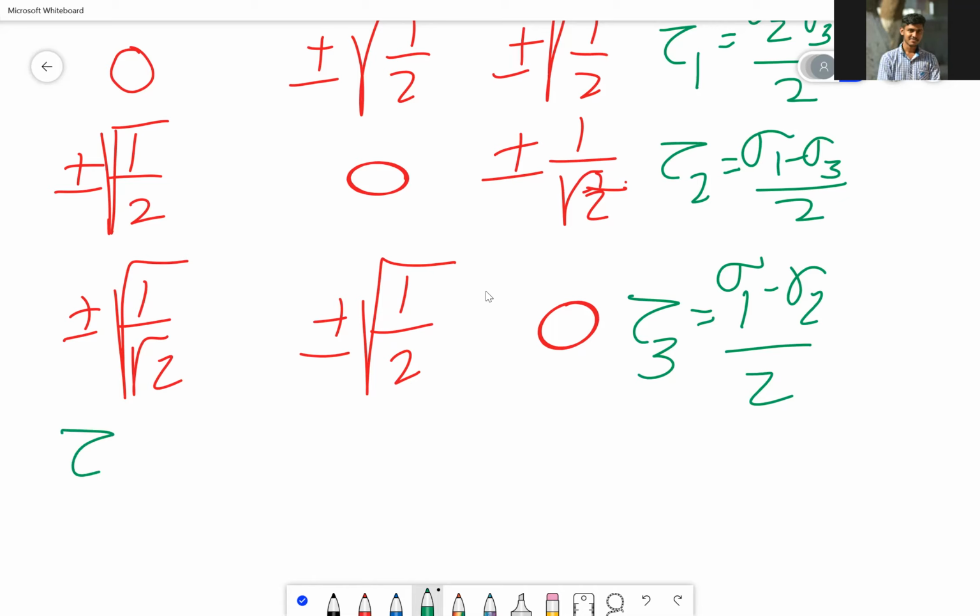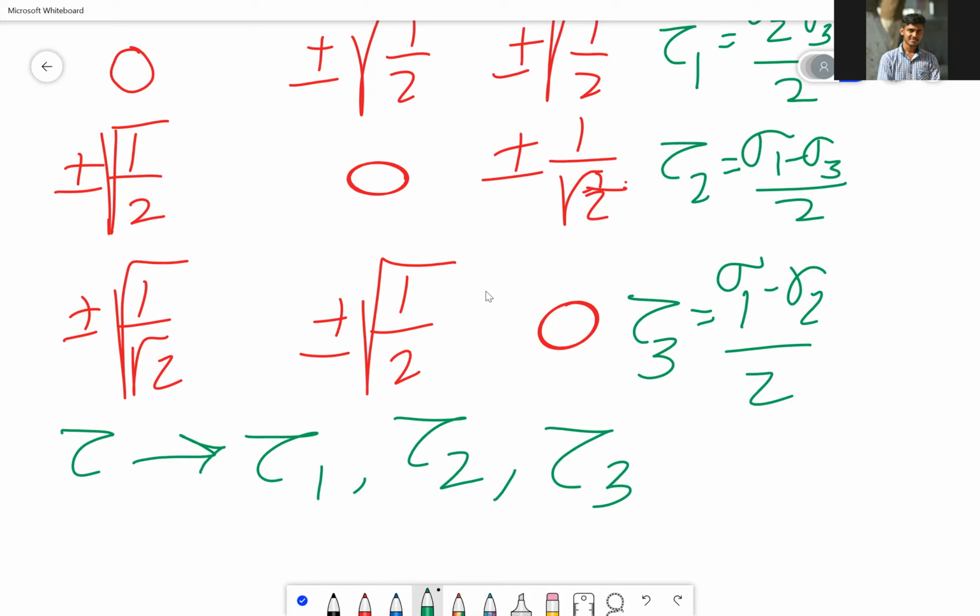See here, we will find the three values of shear stress. One is tau 1, another is tau 2, and there is tau 3. In three-dimensional cases, we'll find the three values of shear stress, that is tau 1, tau 2, tau 3.